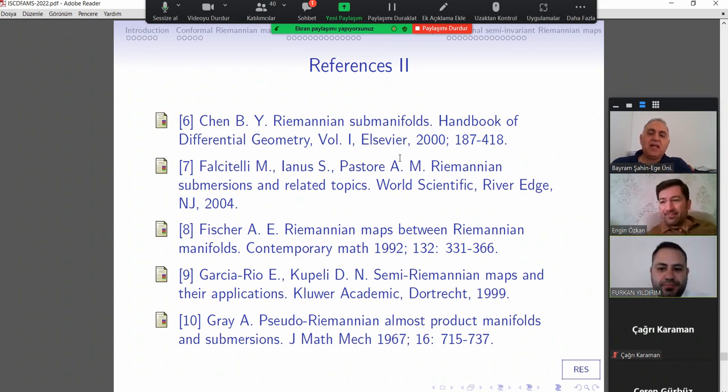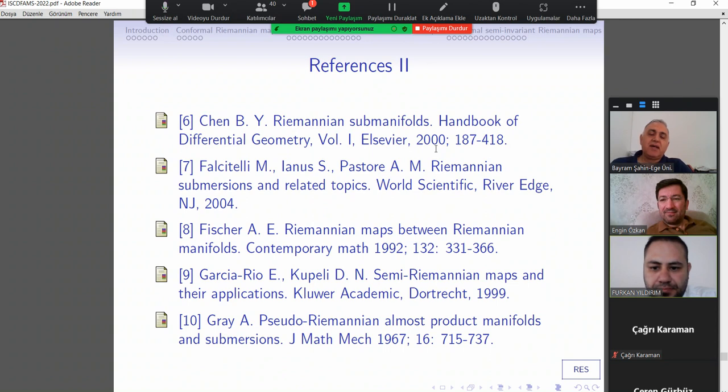Let me use this opportunity to invite young geometers to study Riemannian maps, because nowadays many young Turkish and other geometers study submanifolds, surfaces, and Lie group and bundle theory.